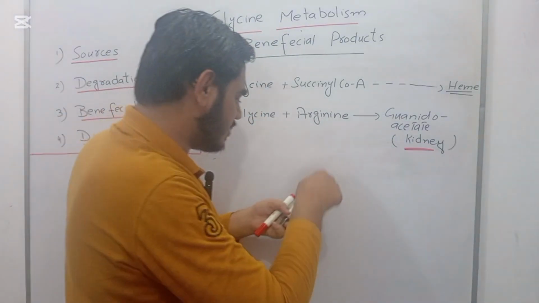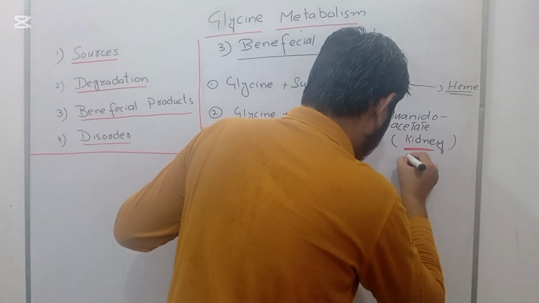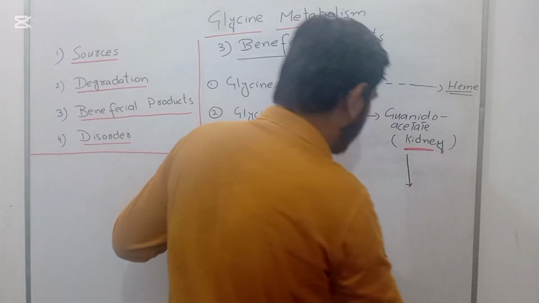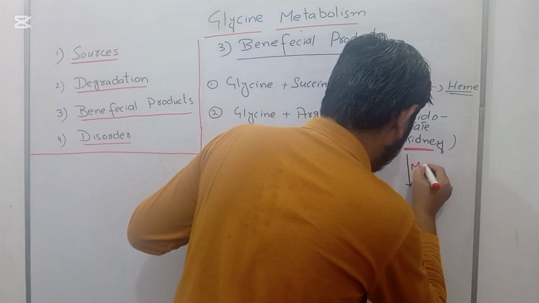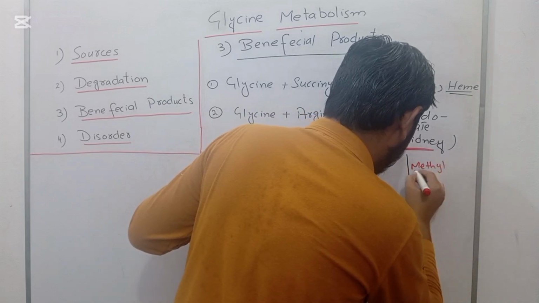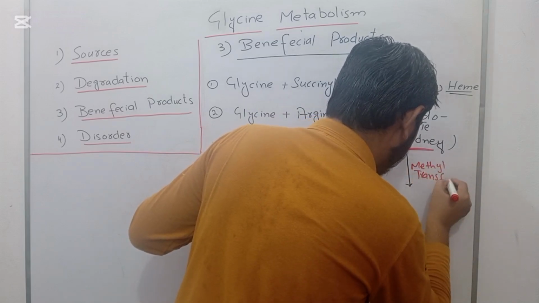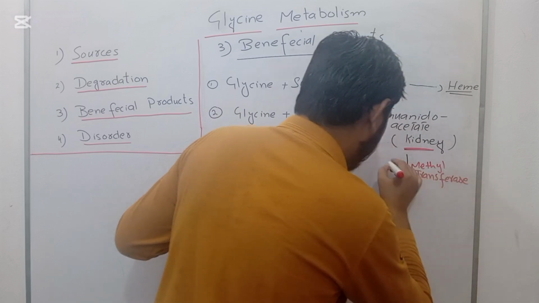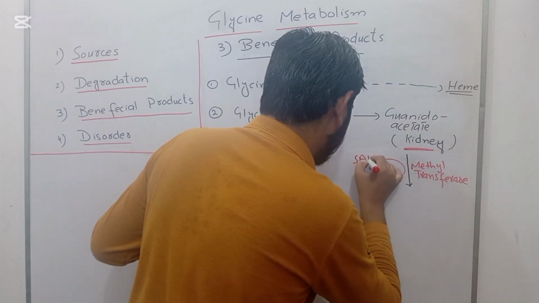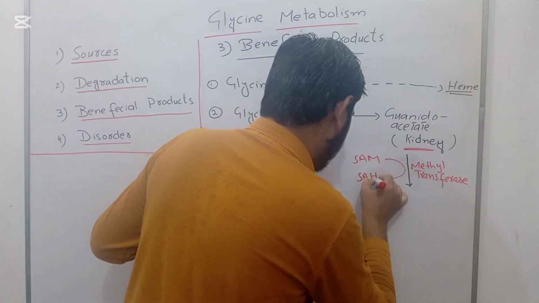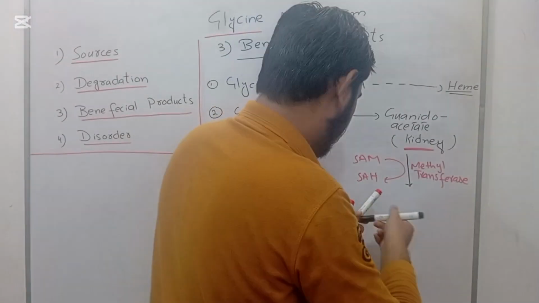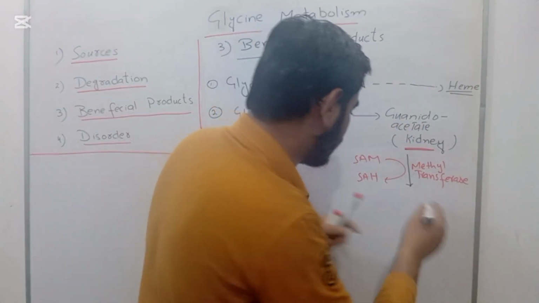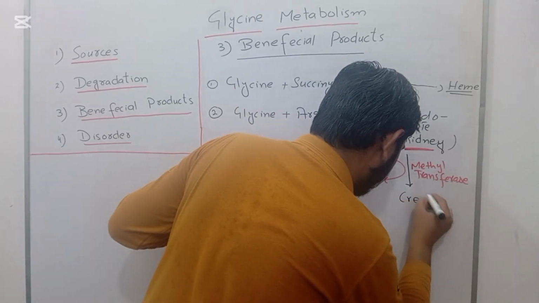In the next reaction, this guanidoacetate, by the action of methyltransferase enzyme, and here S-adenosyl methionine forms S-adenosyl homocysteine, and there is conversion of guanidoacetate into creatine.